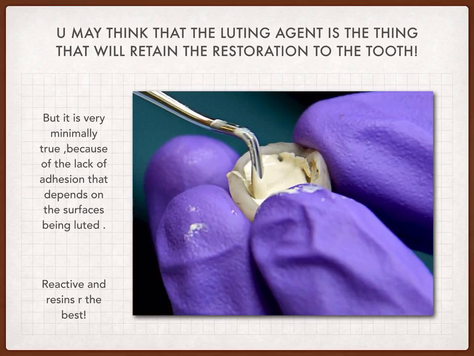And also it will depend on the luting material itself, what it is. For example, the resins are much more retentive and adhesive to the tooth and restoration than the glass ionomer cements, and then the zinc oxide eugenol cements, and then the zinc phosphate cements, which have the least adhesive properties to the tooth structure and to the restoration.